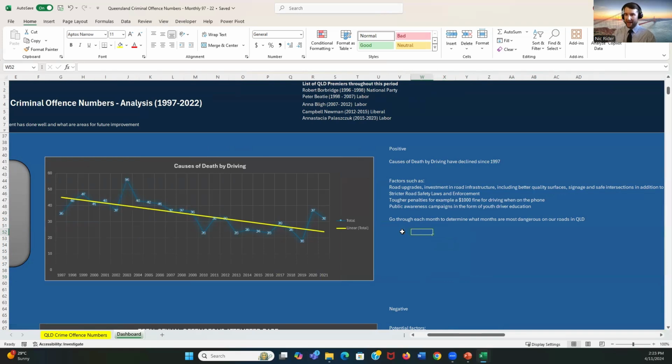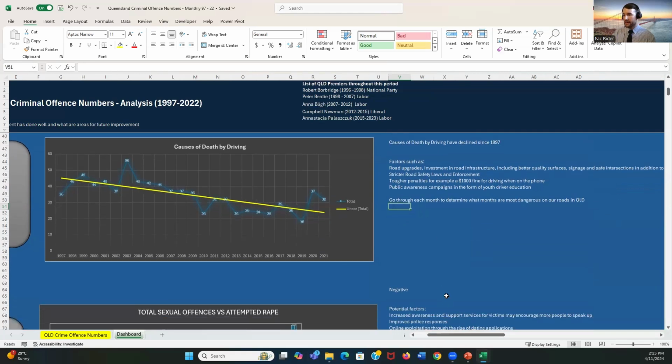We've also got public awareness around youth driver education now, even with our system, with P-platers and learners having to perform and log more hours, and having to go through that P-plate system before you can get an open license with some restrictions. That's all contributed quite positively to the causes of death by driving, as there's been a reduction over this period.